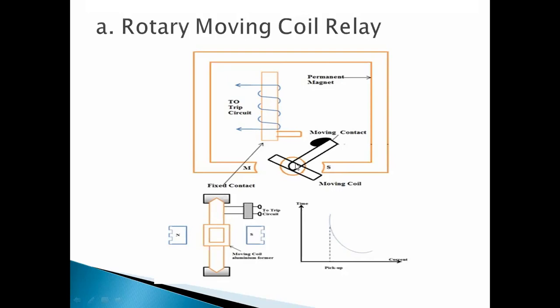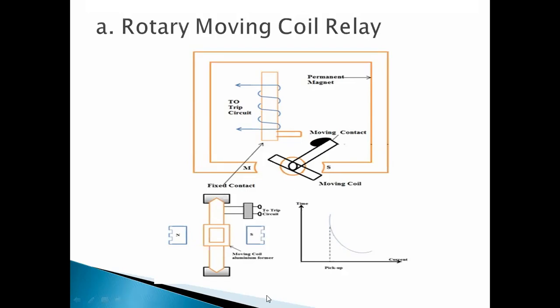But when the fault occurs, the current flowing through this coil starts increasing, because more magnetic flux is produced, and these contacts get attracted, means the contacts get closed. And if these contacts get closed, then your circuit breaker will start operating.